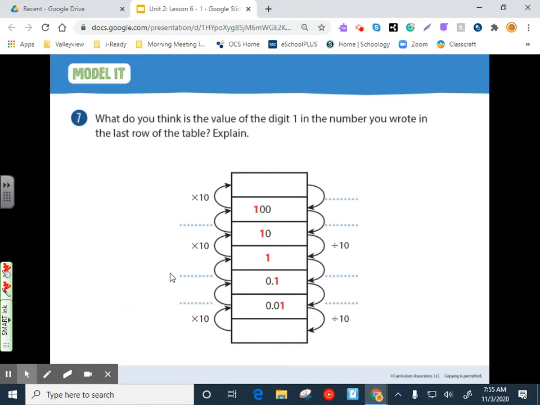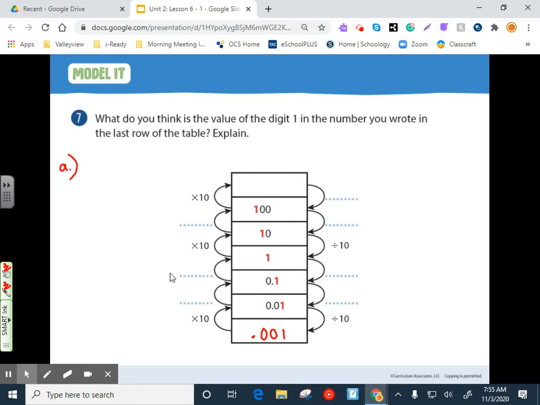And 7, what do you think is the value of the digit 1 in a number you wrote in the last row of the table? So for this one, it's 0.001. You could call this a couple different things.